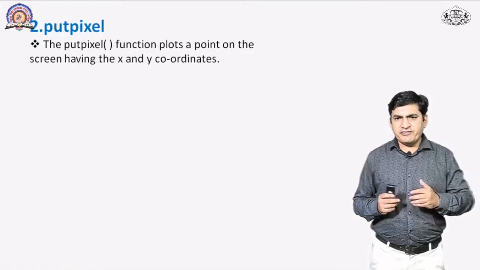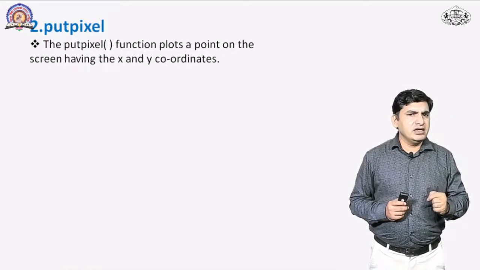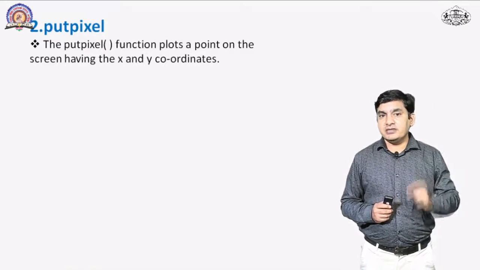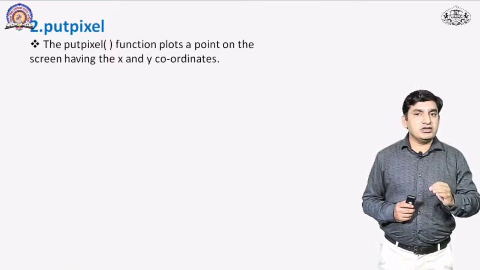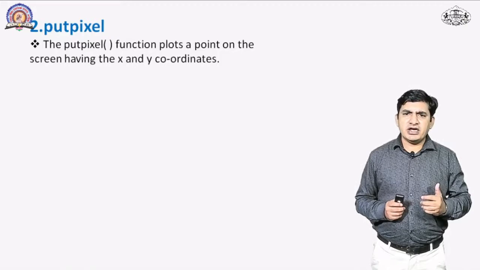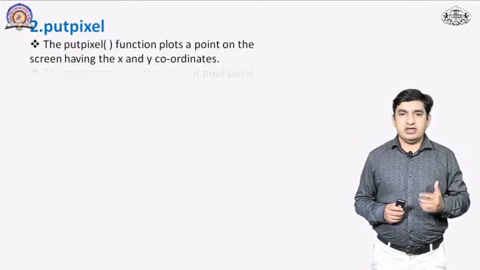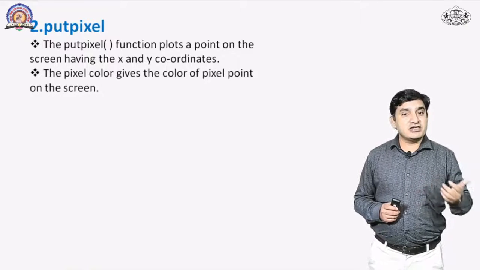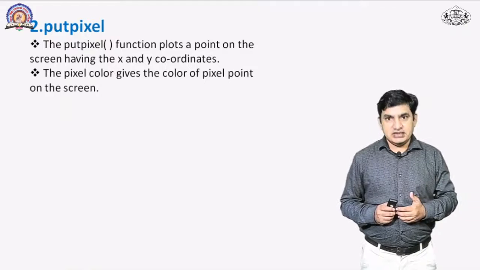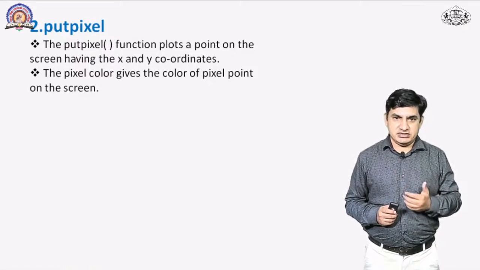So, what is the difference between getpixel and putpixel? The getpixel gives the location of the point, but the putpixel plots the point on a screen, and this point has an x coordinate as well as a y coordinate. We can change the color of pixels by using the putpixel function.